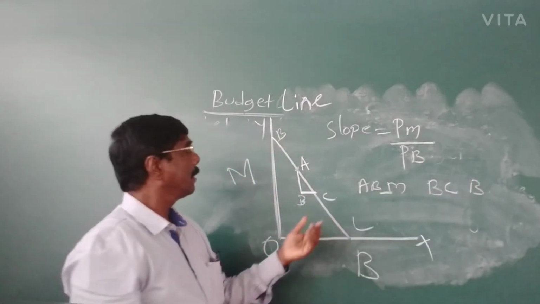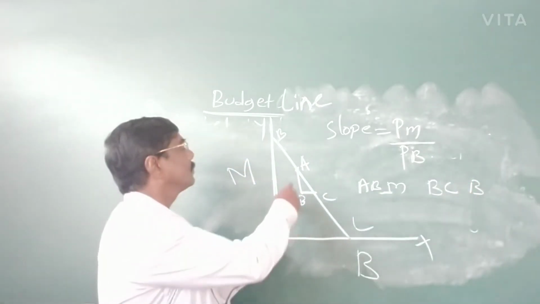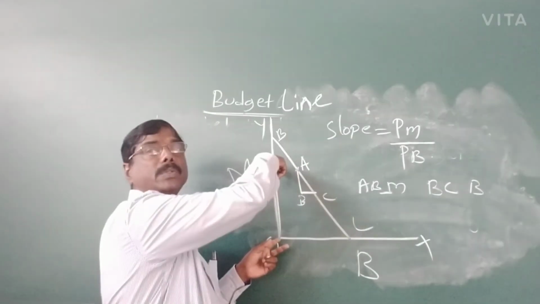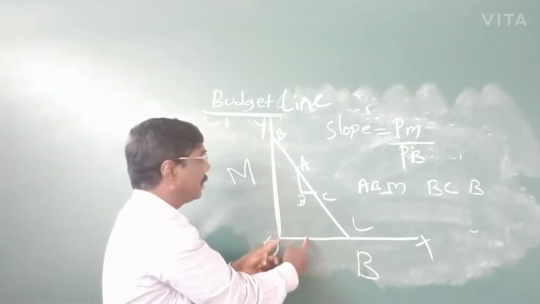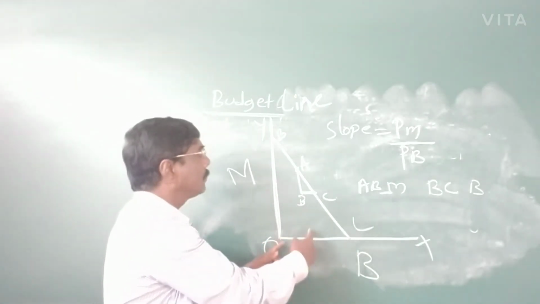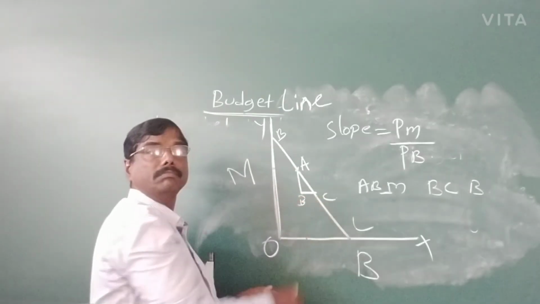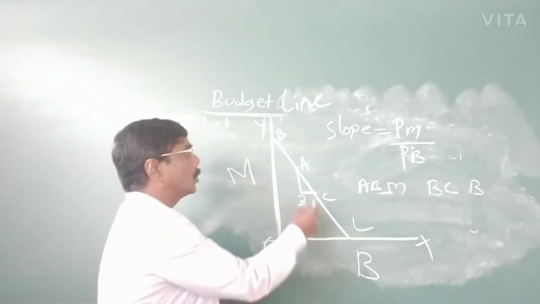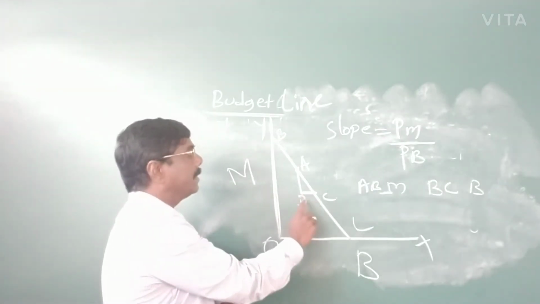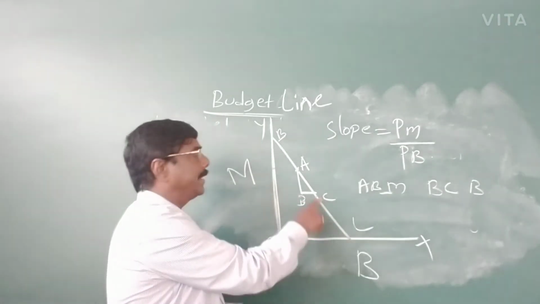So earlier, the consumer is consuming this much quantity of mangoes and this much quantity of banana. Now the consumer is able to consume more quantity of banana, BC quantity of banana.